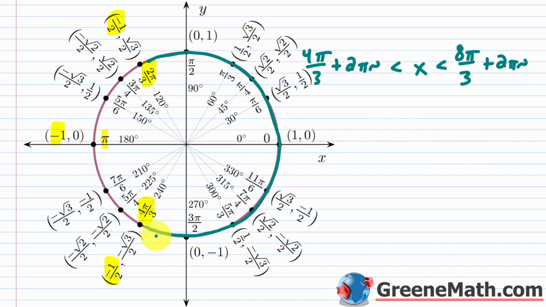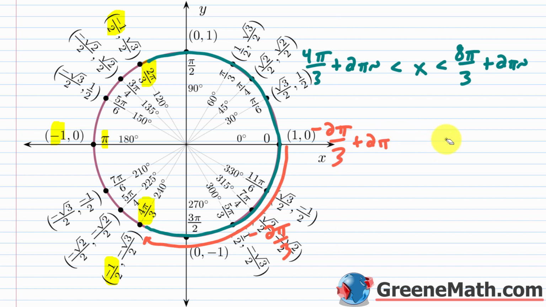Again, if you wanted to rotate clockwise here, that would be 4 pi over 3 minus 6 pi over 3. So this right here, if I rotate it clockwise, that would be -2 pi over 3. So if you want, you could write the solution as x is greater than -2 pi over 3, and then plus 2 pi n.